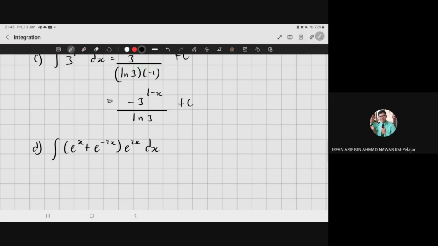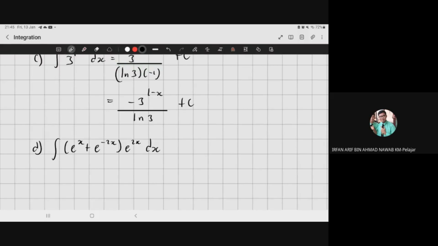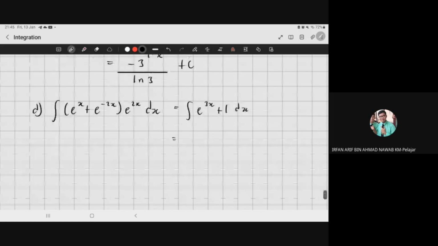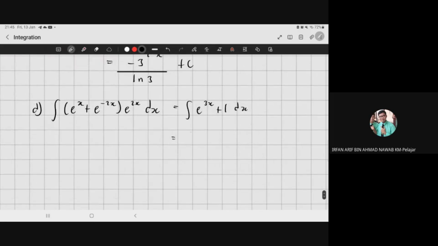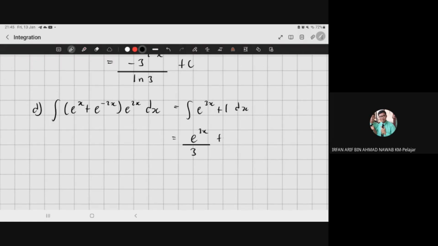Now if you have this kind of question, in my opinion, just expand it as usual. Don't think about it too much. You should get the integral of e to the power of 3x plus 1 dx. Then just apply the rules of integration and the formulas that you already read before. You will get e to the power 3x over 3 plus x plus c. Don't forget about c as usual.